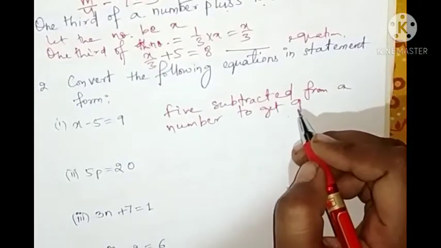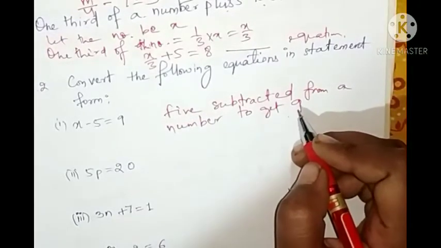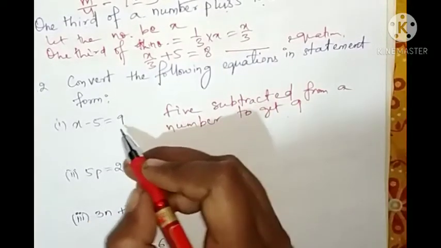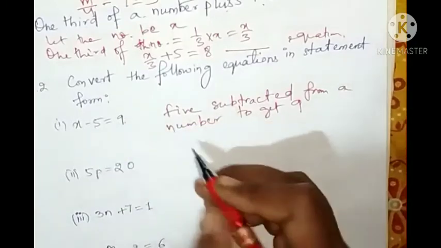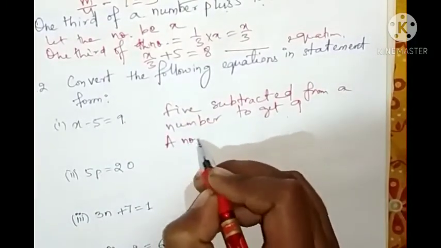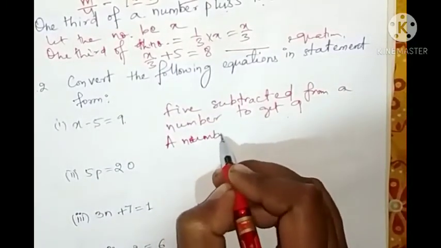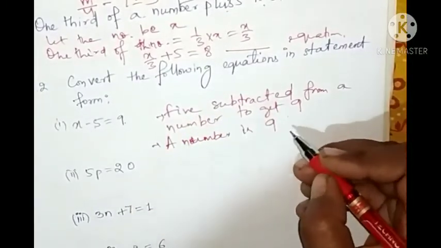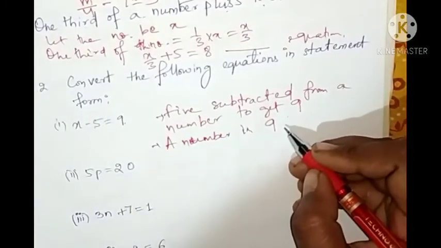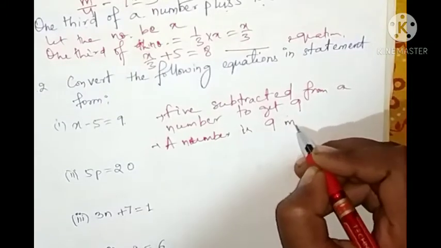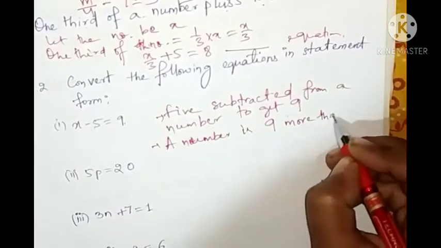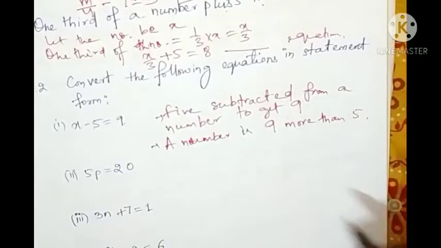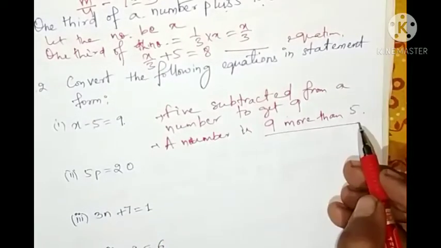Or you can write: a number is 9 more than 5. Okay, like this you can put it.